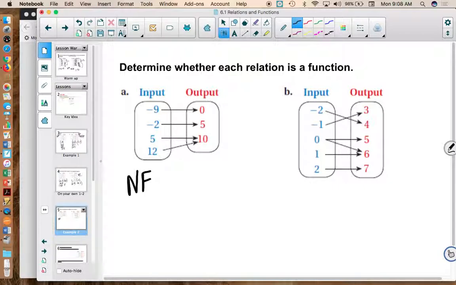Sorry. Honestly, this one is a function because if I was to list the ordered pairs, and this is your check, this is how you know if you're right. My input can only be used once.